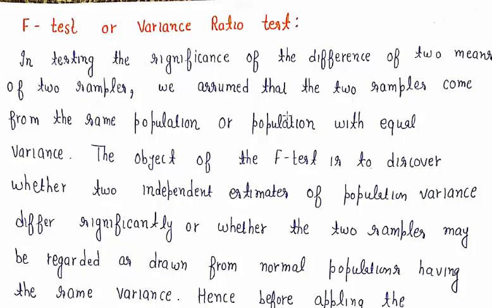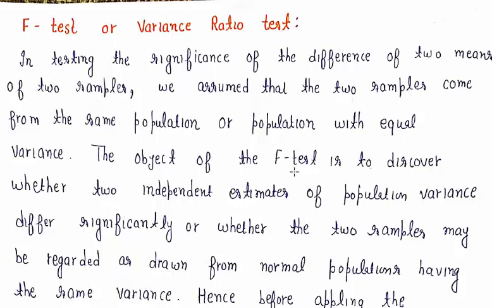To apply the t-test, we always assume that the population variances are equal. So the objective of the F test is to discover whether two independent estimates of population variances differ significantly, or whether the two samples may be regarded as drawn from a normal population having the same variance.